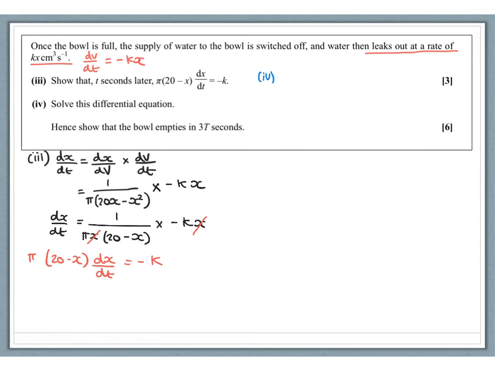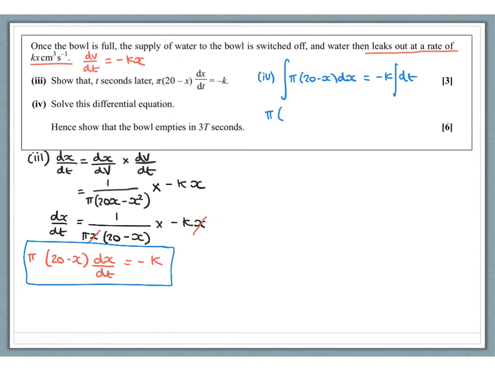make some space over here to do this. We need to take this and we want to separate the variables, so we have x on the left-hand side, so π(20 minus x) dx integral of, and on the right-hand side we'll have negative k integral dt. The k could be inside the integral sign as well. So very, very simple integration to do. So we have π(20x minus x squared over 2) equals negative kt plus c. Now, remember we're starting this from when the bowl was in fact full, so we're restarting the time at t equals 0 from the point when the bowl is full.